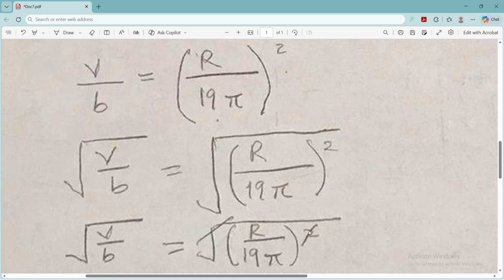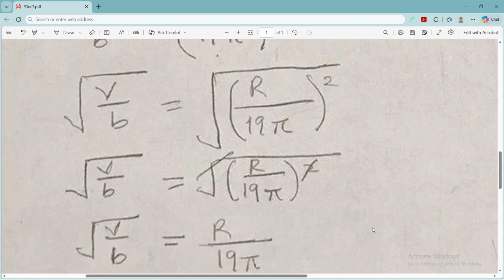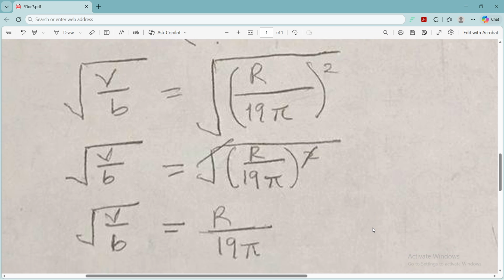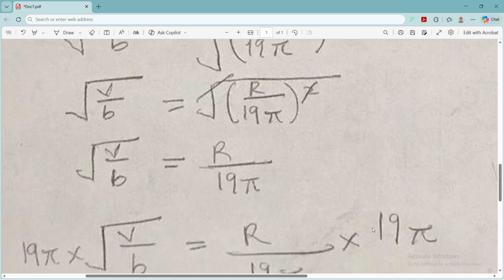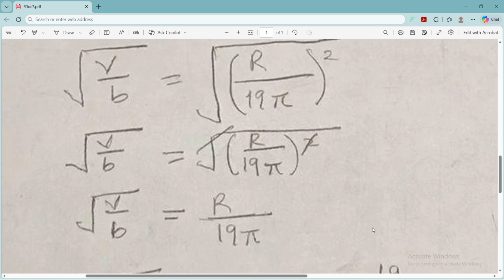So we are going to have our new equation to be the square root of the fraction V divided by B equals the fraction R divided by 19 pi, right? So that's our new equation.